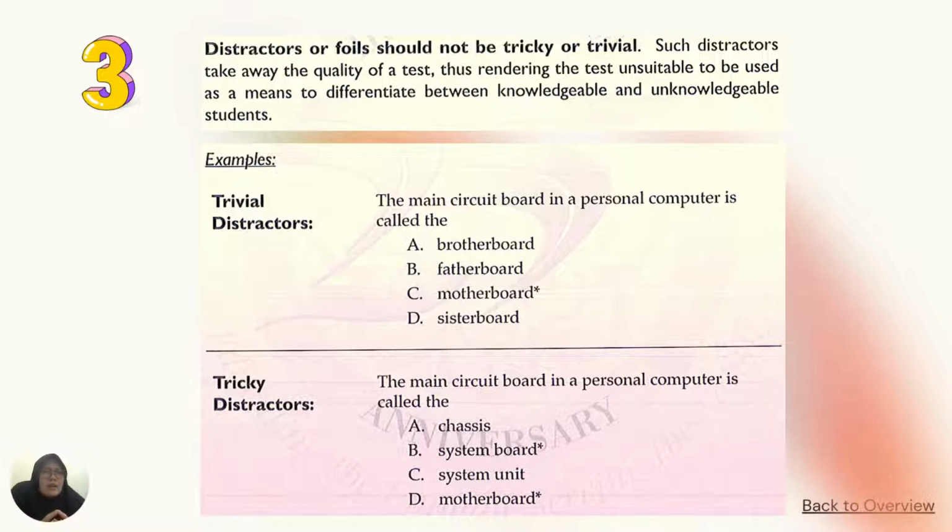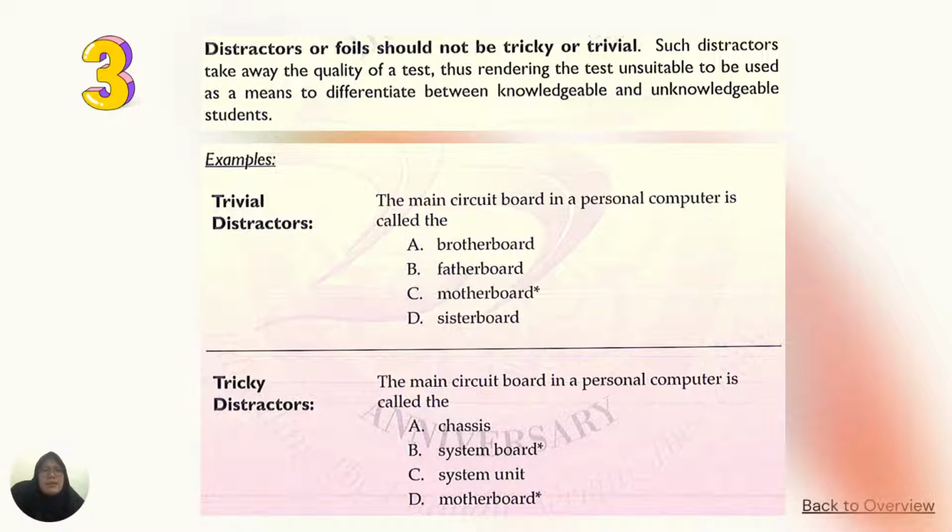Such distractors take away the quality of the test, rendering it unsuitable to differentiate between knowledgeable and unknowledgeable students.